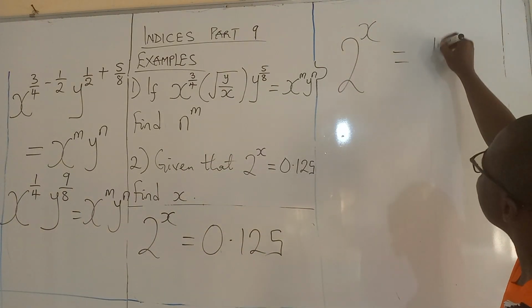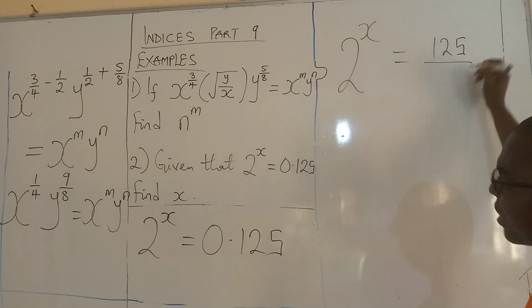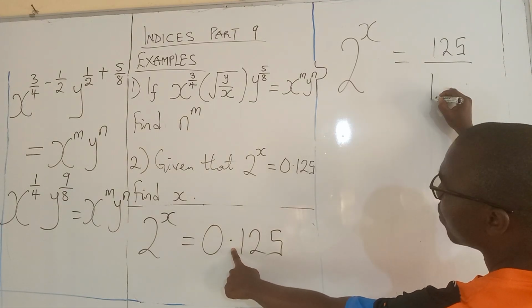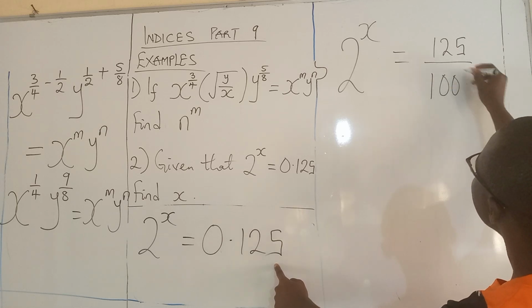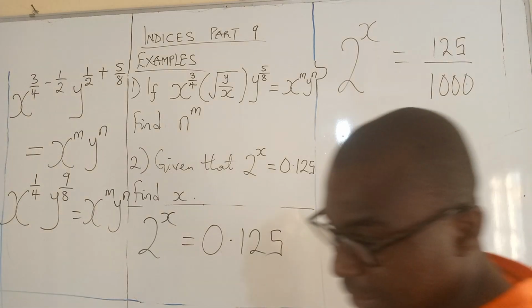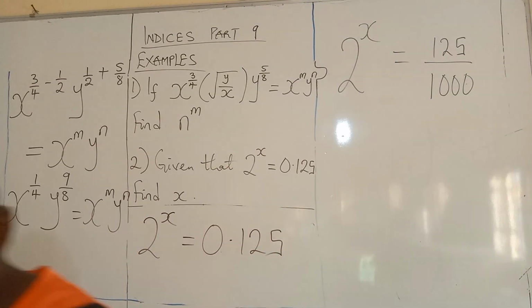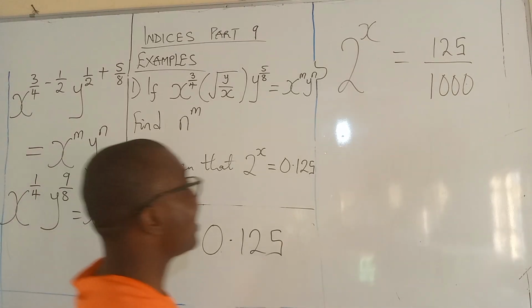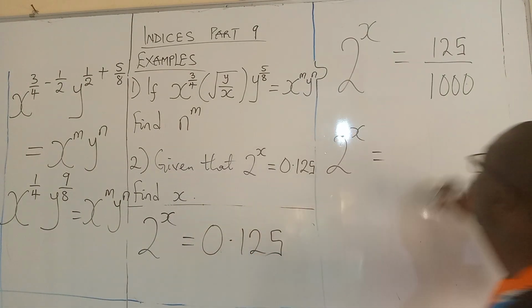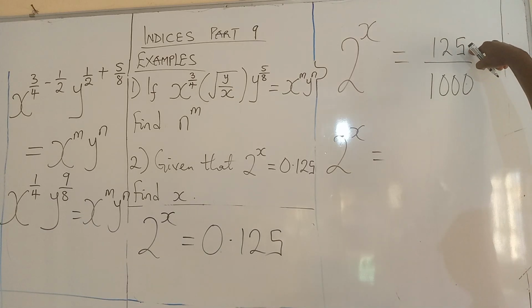0.125 is the same thing as 125 over, where you have the decimal point, you write 1 and then zeros. You have 3 digits after the decimal point, so that will be 3 zeros. At that point, you can decide to reduce the number to the lowest thing. 2 raised to the power x is equal to, you can use 25.